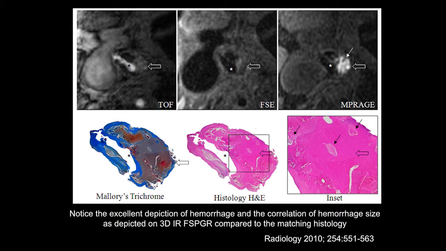Now we're going to look at the late stage. As was already mentioned, any image that gives us T1 weighting can see hemorrhage. There's some nuances, but basically intraplaque hemorrhage looks like methemoglobin, so it's bright on T1 weighted sequence.